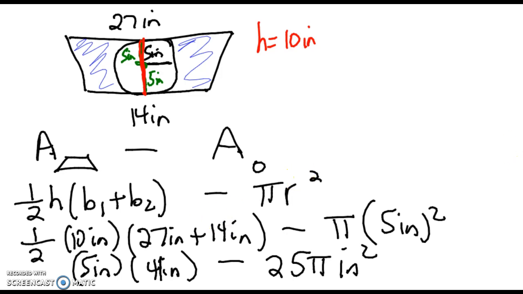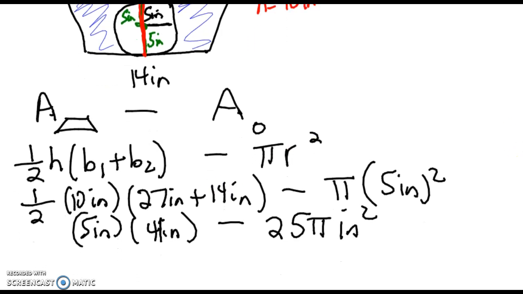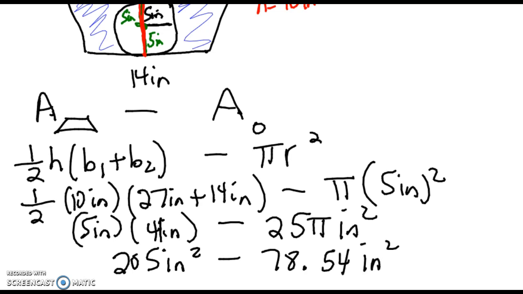So the area of the trapezoid, 5 multiplied by 41, is 205, and our unit of measure is inches squared. And 25 times pi is approximately 78.54 inches squared.